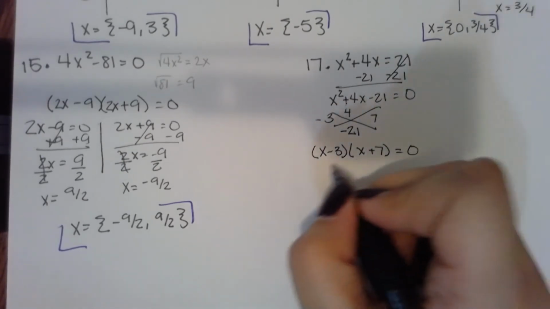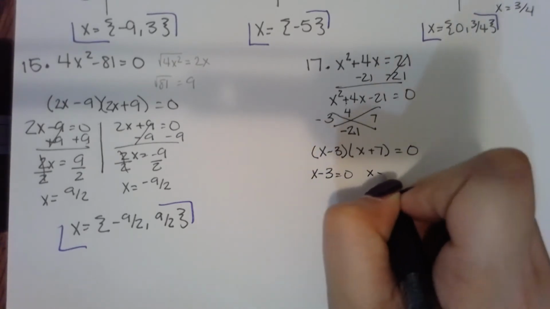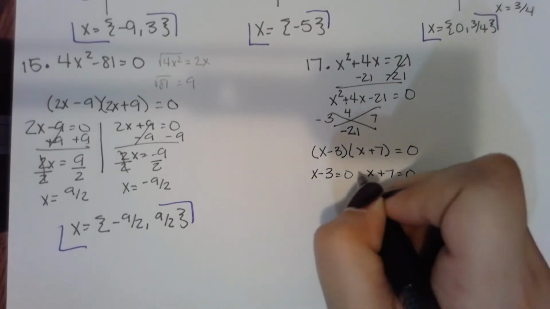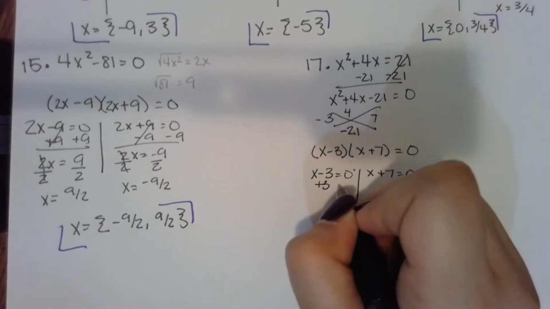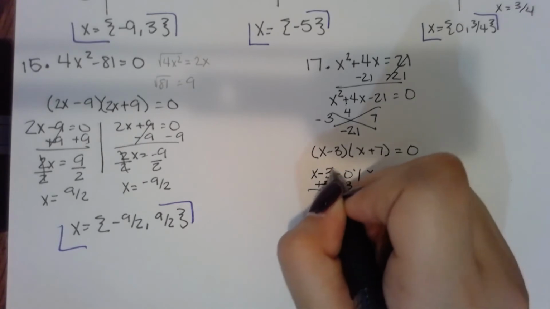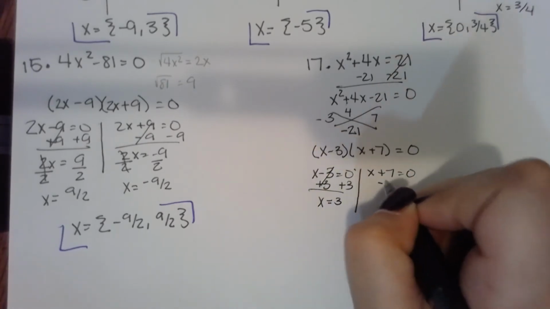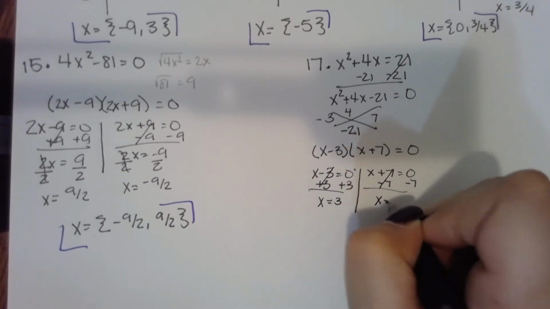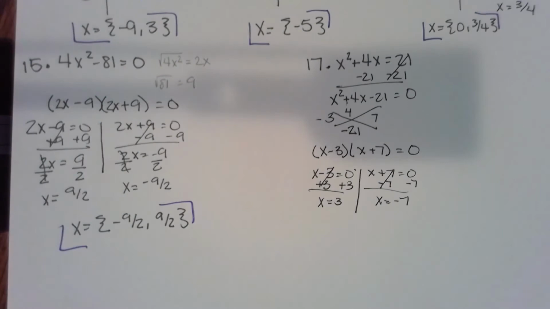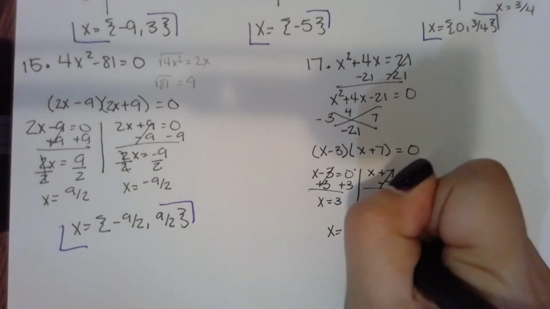Setting each factor equal to 0: x minus 3 equals 0, x plus 7 equals 0. Adding 3 on the left side gets you x equals 3. Subtracting 7 gets you x equals negative 7. So x is going to equal negative 7, comma 3.